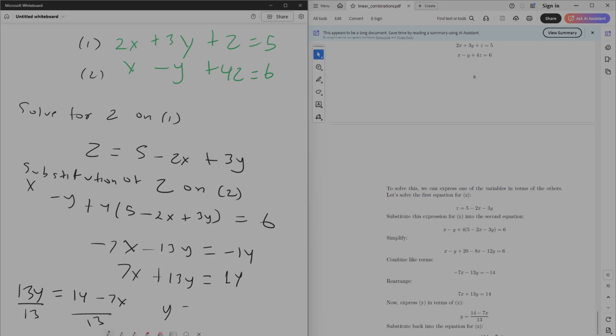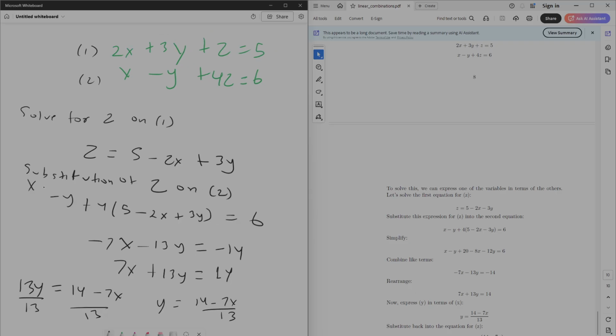So y is equal to 14 minus 7x over 13. So let's erase something here.